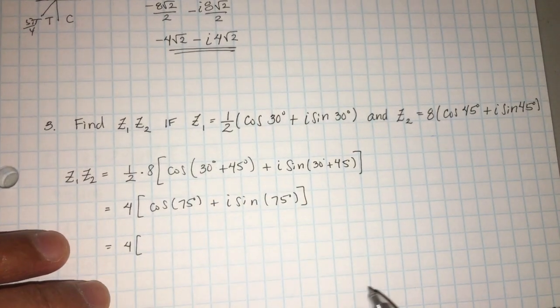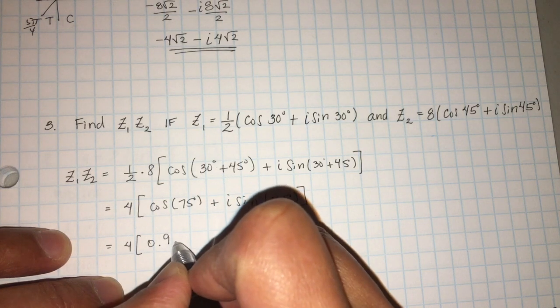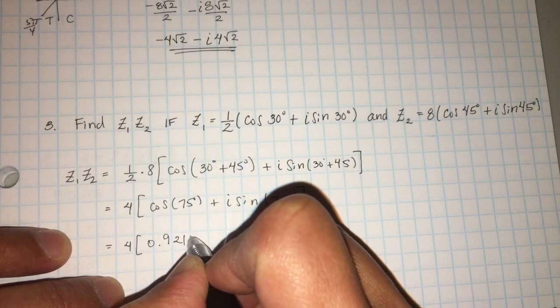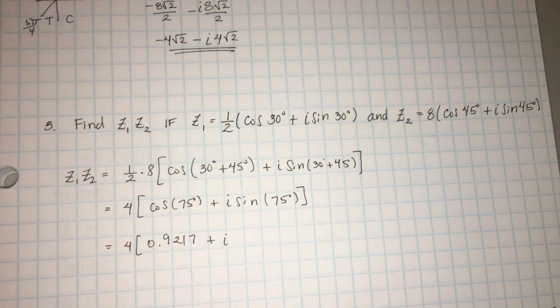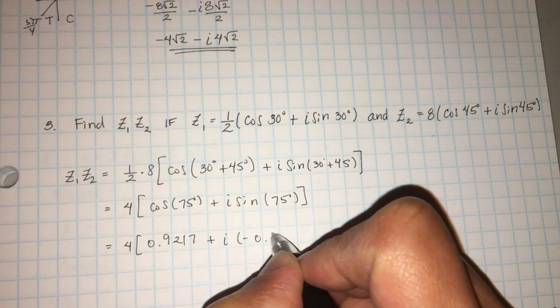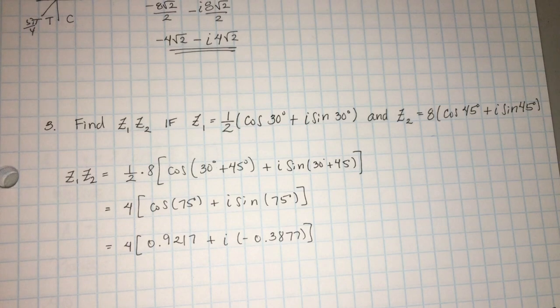So cosine of 75 degrees is 0.9217 plus i, and then I have to do the sine of 75, and that is 0.3877, and all I have to do now is just distribute that 4.